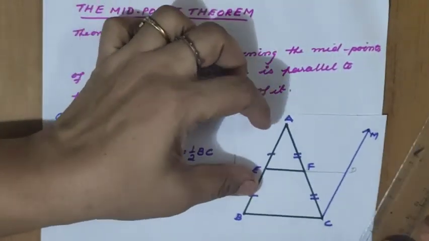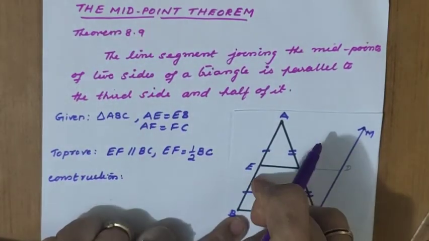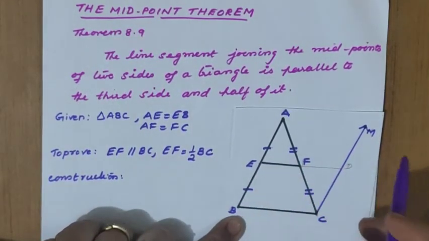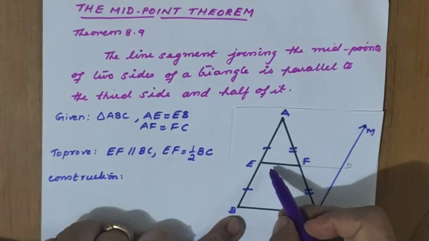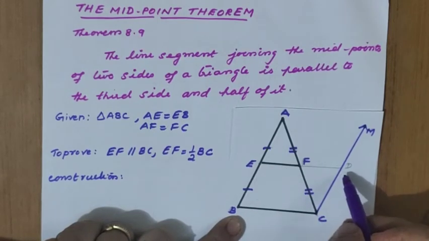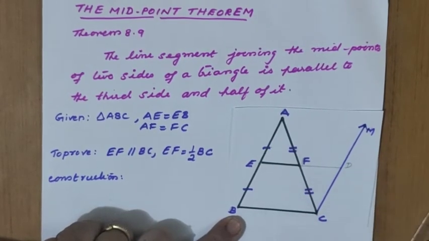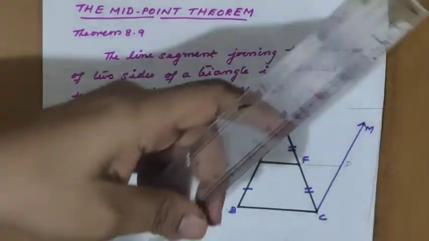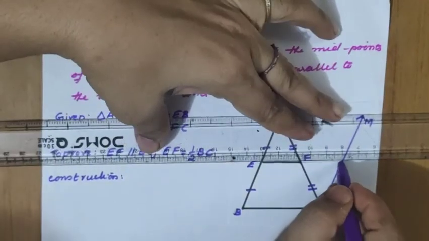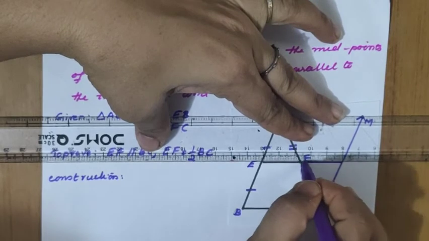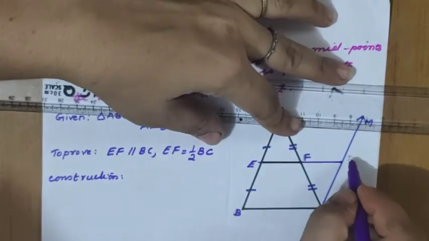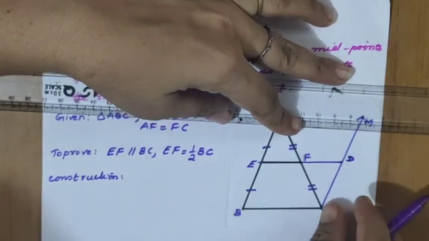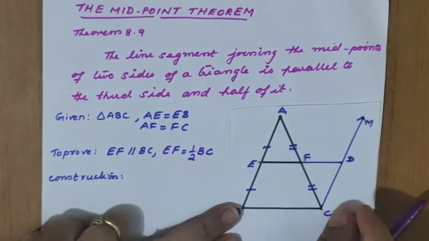CM is parallel to BA. This is the construction, but it is not completed. EF is to be extended to meet CM at D. So I am extending EF to D, and here I will mark D. Right? So this is the construction we have taken.